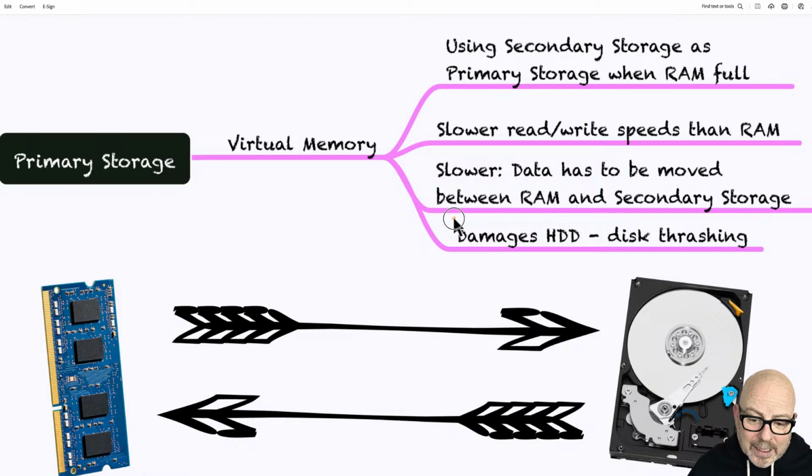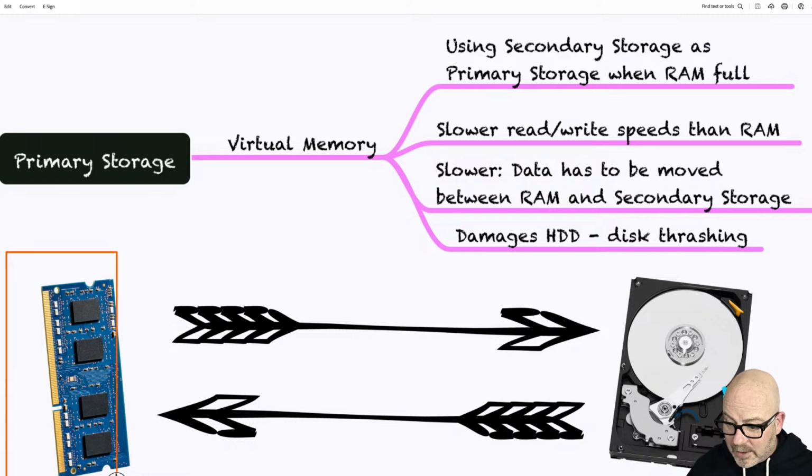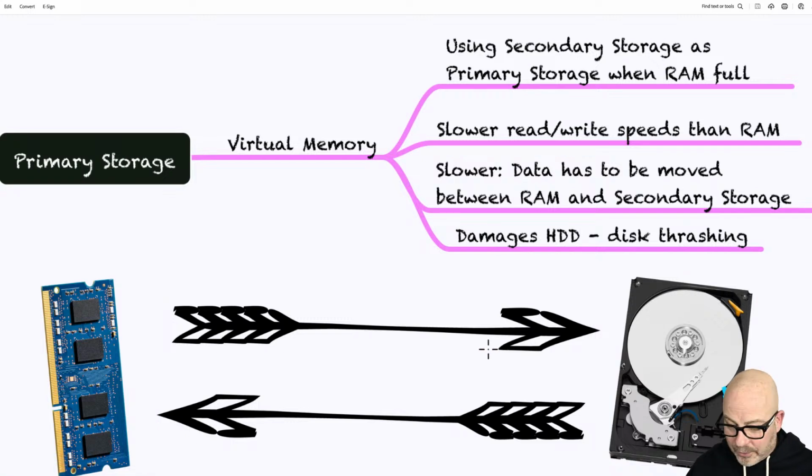And lastly, it actually damages your hard disk drive because RAM over here is designed to be read and written to many millions of times, whereas a secondary storage device like this isn't designed to be written to so many times. So what occurs is something called disk thrashing, which is this guy here.